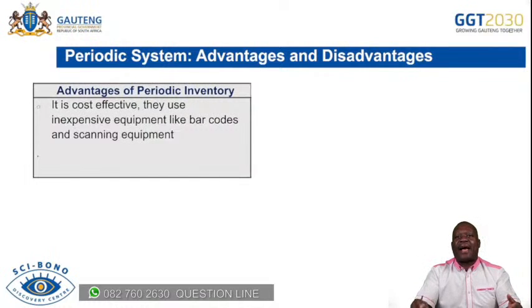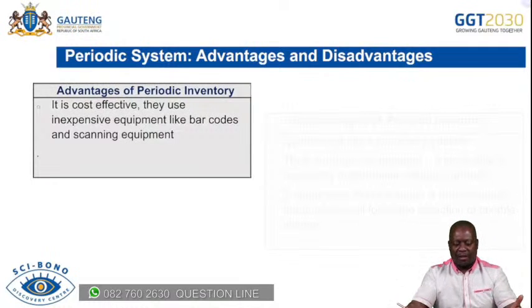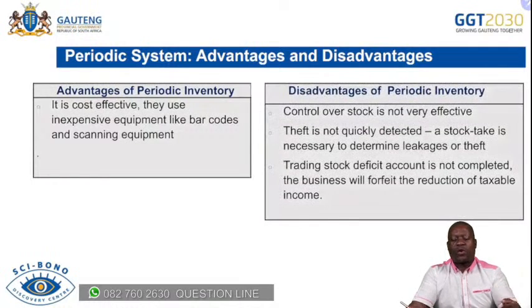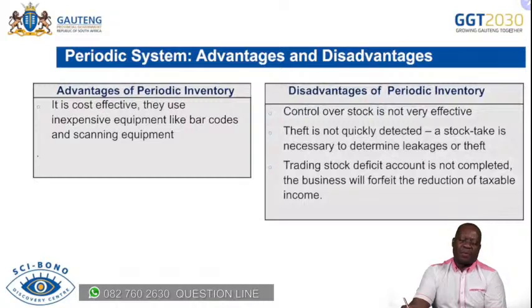Surprisingly, we might find that there are huge losses or some stolen items that we never detected during the period, because there was no physical stock taking during the period. So control over stock is not very effective. If stock is being stolen, it is not quickly detected. Why? Because we have to wait until the end of the period to check, and when we check, we discover that stock is gone. So theft is not quickly detected.